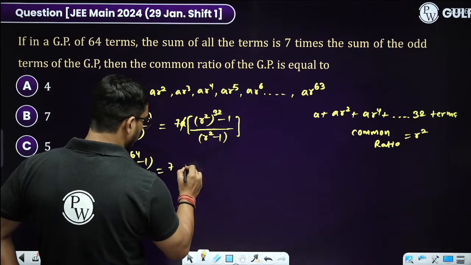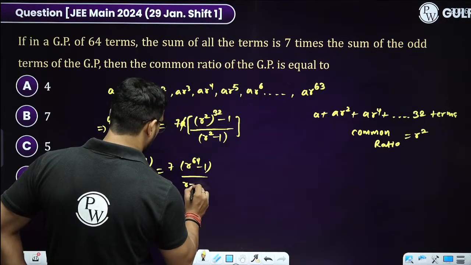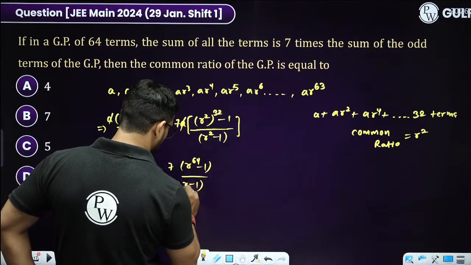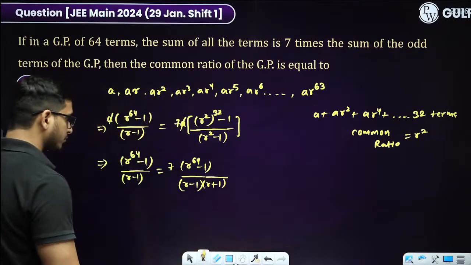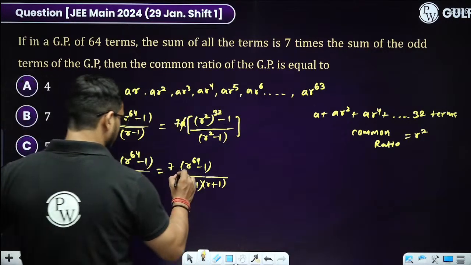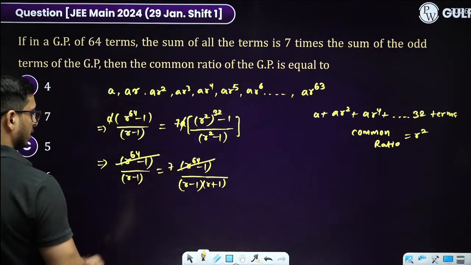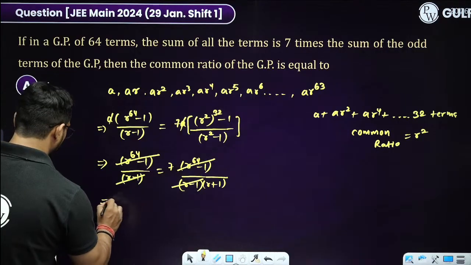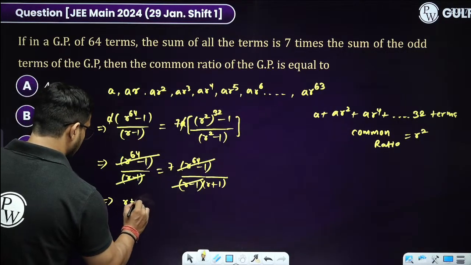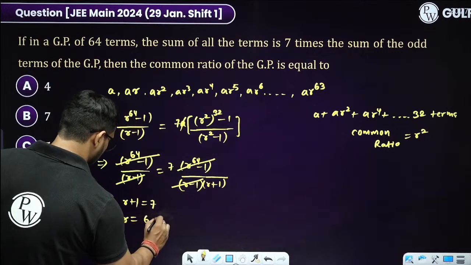This is also R to the power 64 minus 1 by R minus 1 and R plus 1. Then we can use the a square minus b square. R minus 1 and R minus 1 gone. So can we just write R plus 1 equals to 7 and R equals to 6.